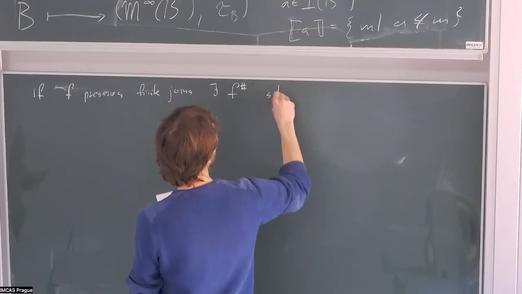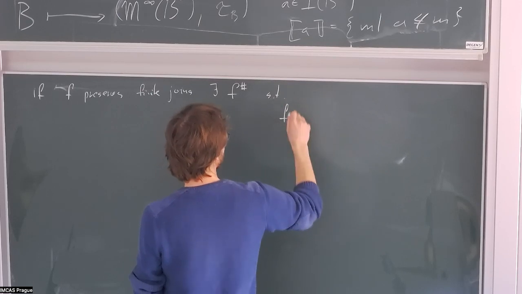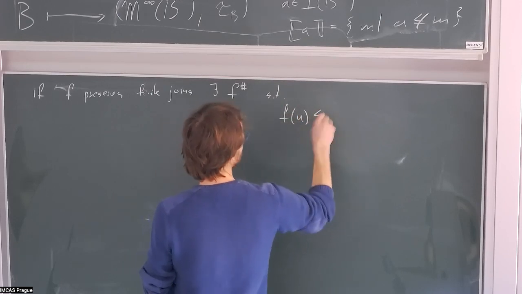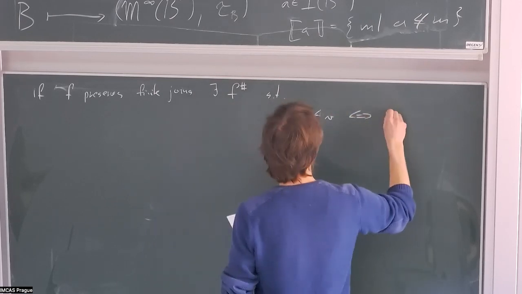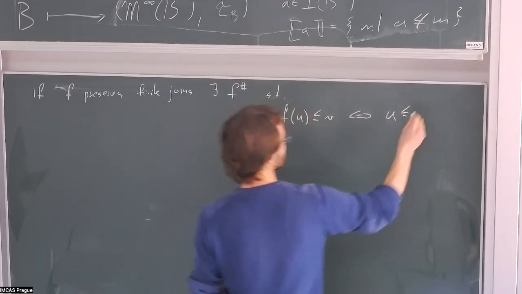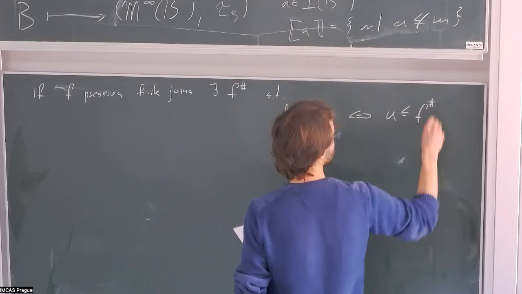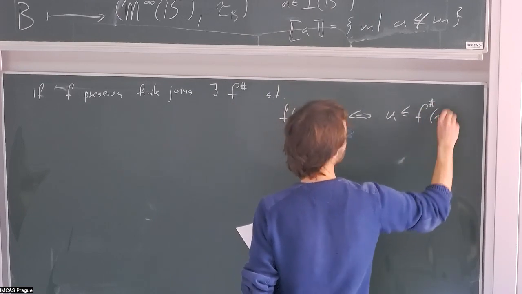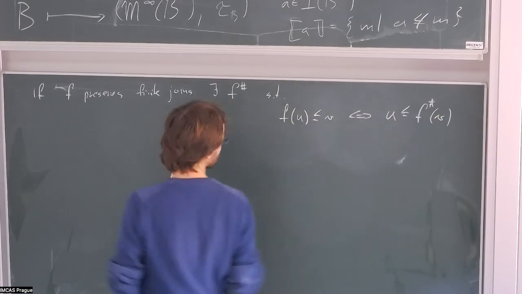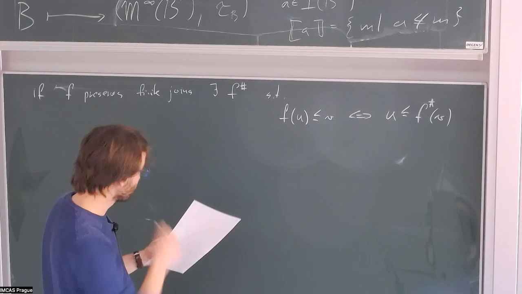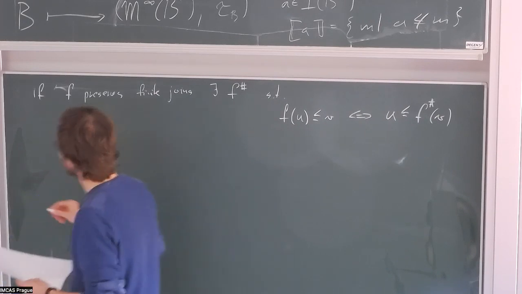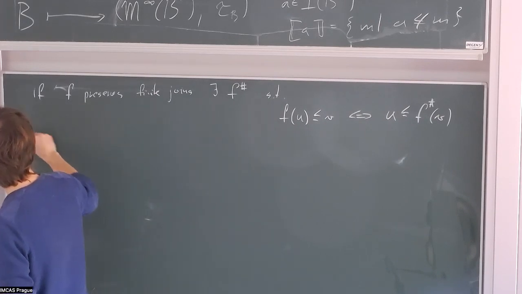So this is all that this means. So U is less than or equal to F sharp V if and only if F of U is less than or equal to V. And so there's a simple fact.